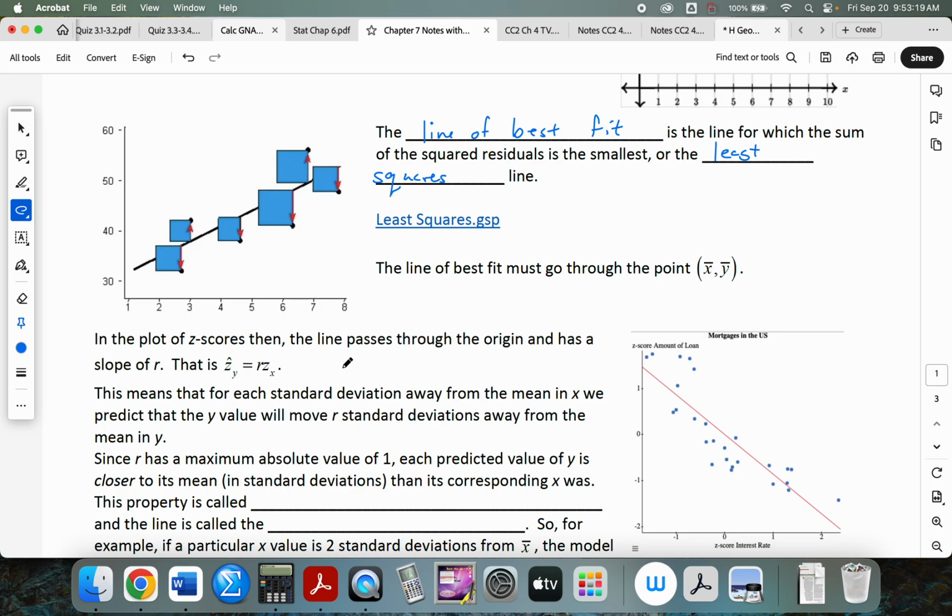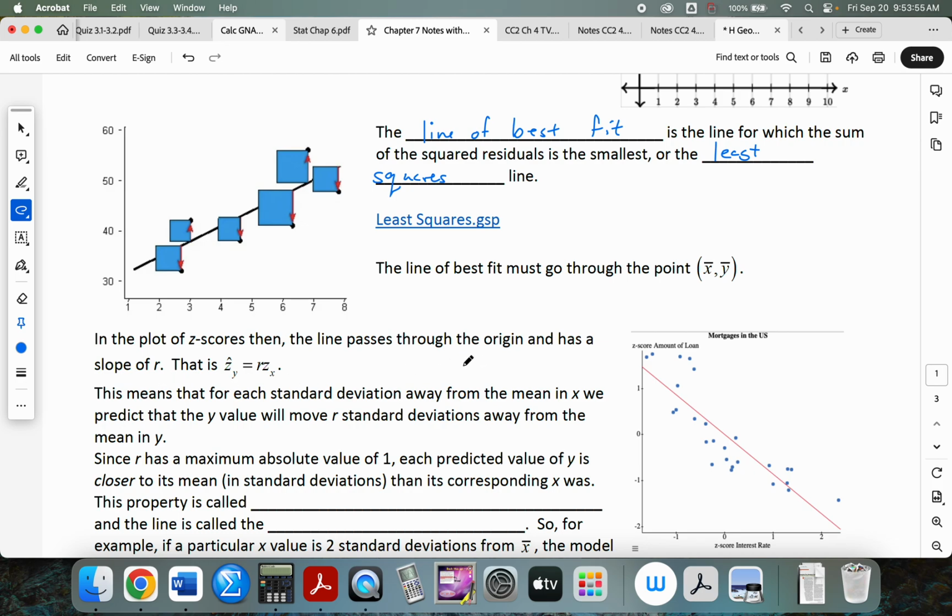If you have a plot of z-scores, remember that the average x would be 0 and the average y would be 0. So it's going to go through the origin. And here's the interesting part. Its slope is going to be r. It's going to be the correlation coefficient. Why is that?